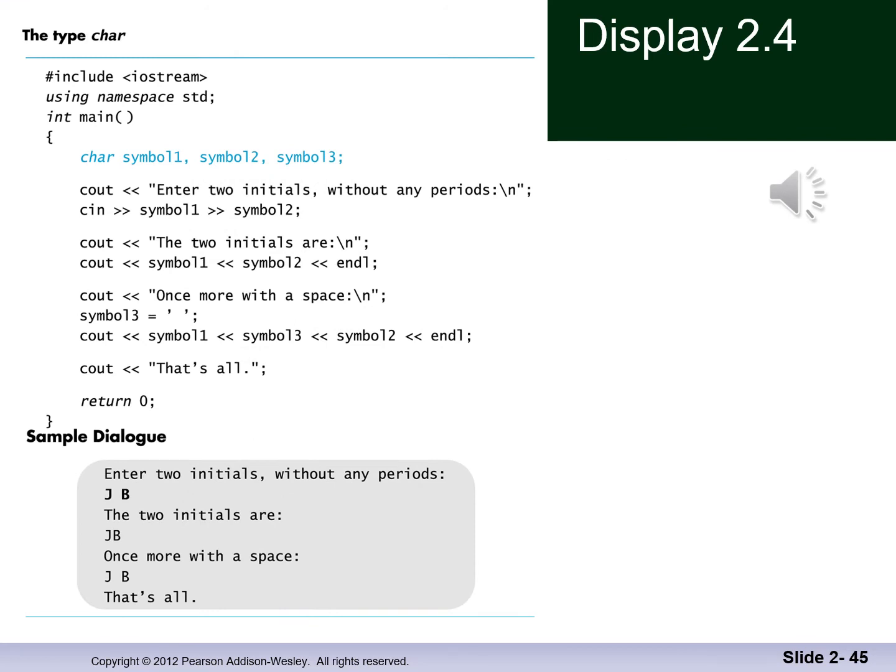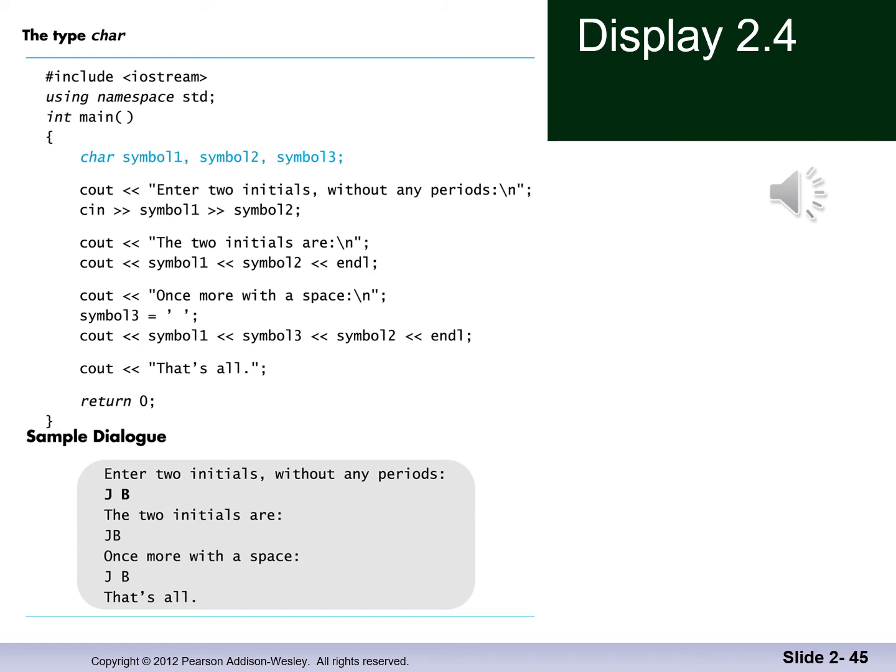Here's Program 2.3, from the textbook, that illustrates how chars are declared and then input using cin. We declare three chars: symbol1, symbol2, and symbol3. We use cout to prompt the user to enter two initials without any periods, new line, and then we use cin, symbol1, symbol2 with the extraction operator.